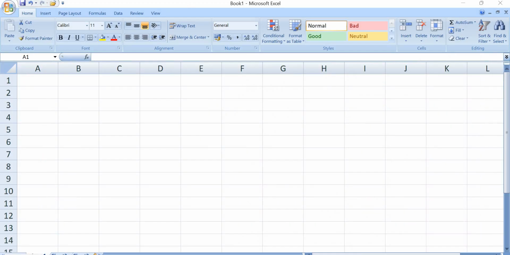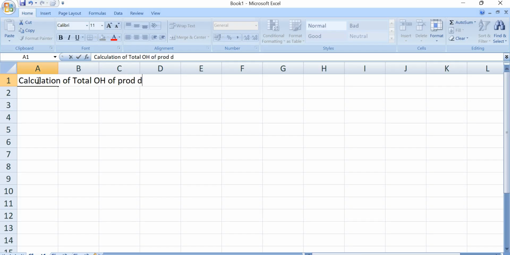So now we are going to do the calculation of total overheads of production departments.